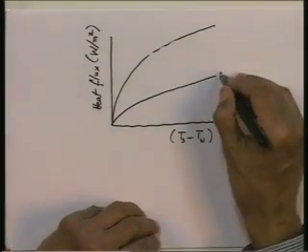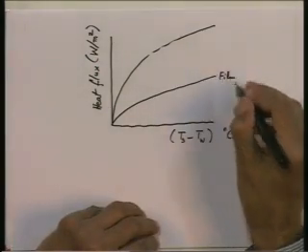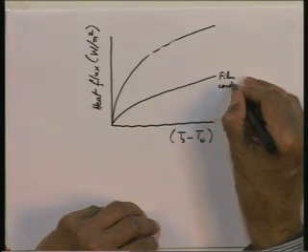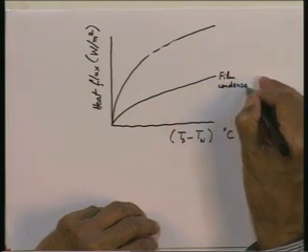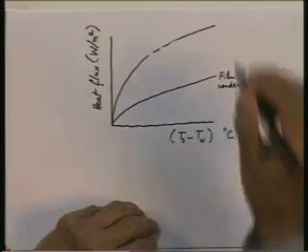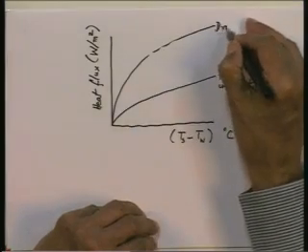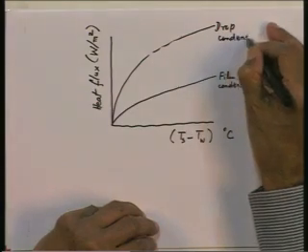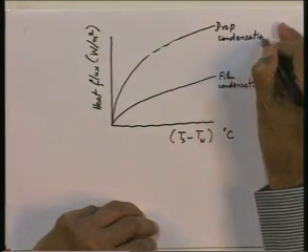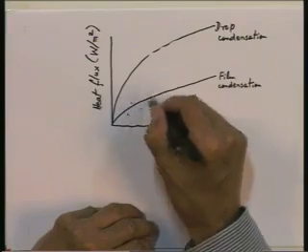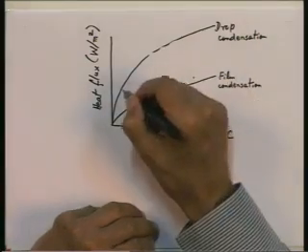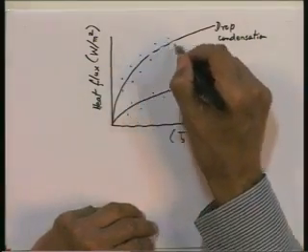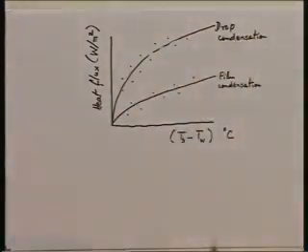This would be film condensation, and this would be drop condensation. These would be typical curves which you would get if you were to draw a smooth curve through experimental data.